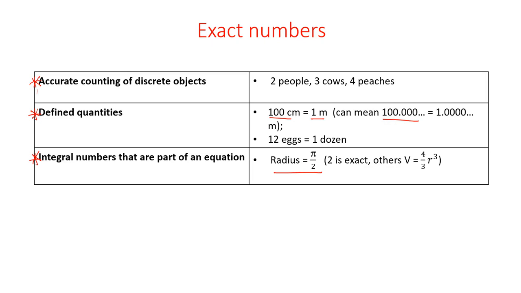Pi is, I mean, we can't know what is the significant figures of pi. So for integral numbers, numbers that are in formulas, we really don't focus on their significance. Volume is equal to 4 divided by 3 pi r cubed. We don't focus on their significance because they are integral numbers.